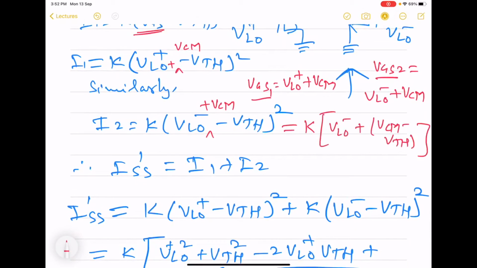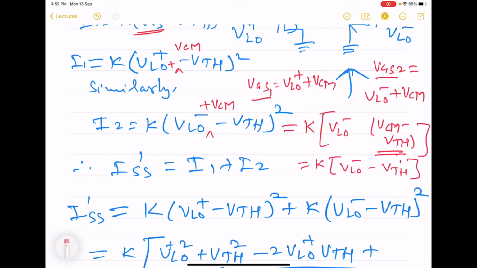So what we now get here is a different VTH. So we can say that this is K into VLO minus VTH dash.